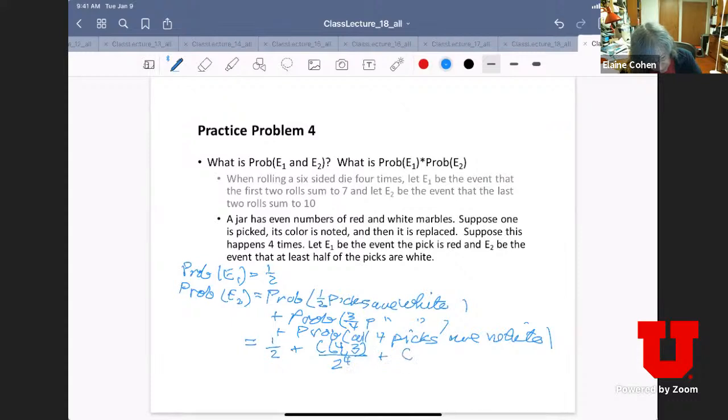Plus the number of 4 at a time. And that whole thing, if I do my arithmetic right, adds up to 4/16 or 1/4. Nope, wrong way. Wrong computation, it is 11 over 16.